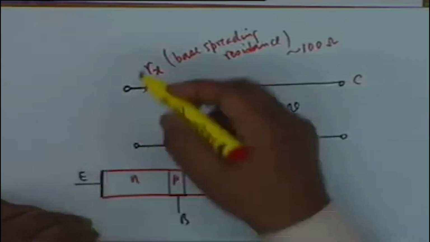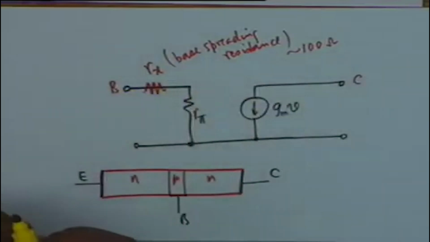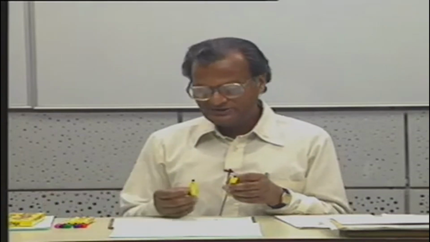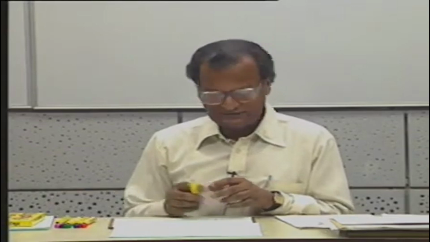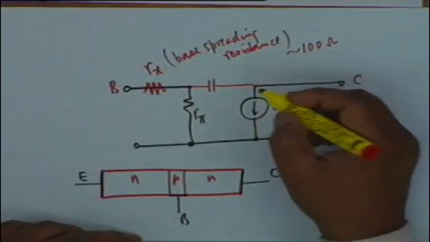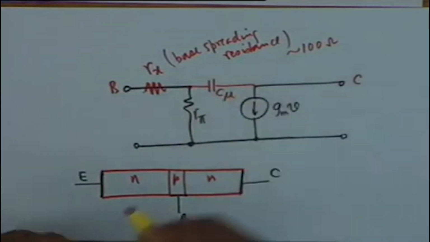Between the base and the collector, there is a junction. What kind of biasing is there in this junction? Reverse biasing, alright, and therefore in a reverse bias junction, as you know, there is a separation of charge. This separation with reverse bias increases, and therefore this acts as a capacitor, which means that between these 2 points we should have a capacitor, and this capacitor is given the symbol C mu, the capacitor between the base and the collector.